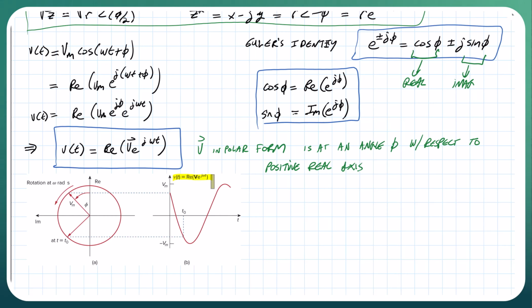Phasors are typically represented at t equals 0, and they can be graphically shown in this figure.